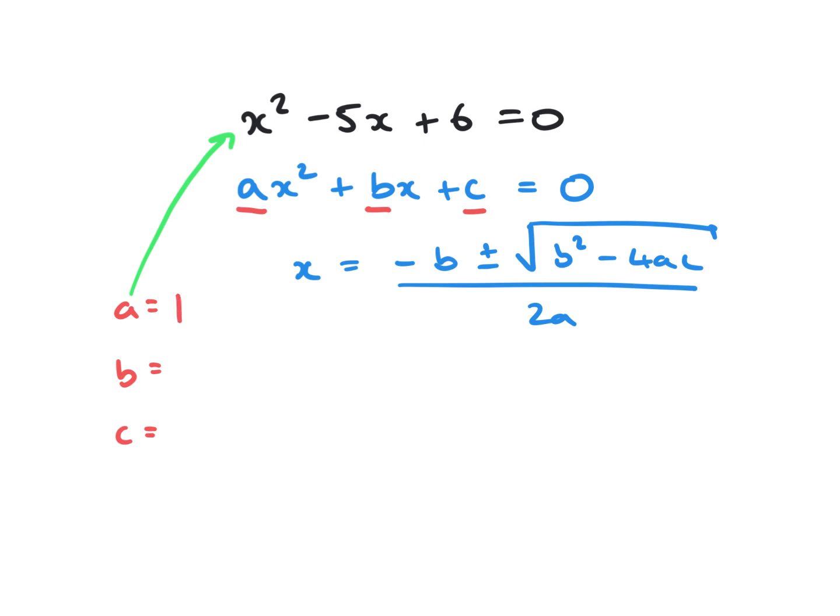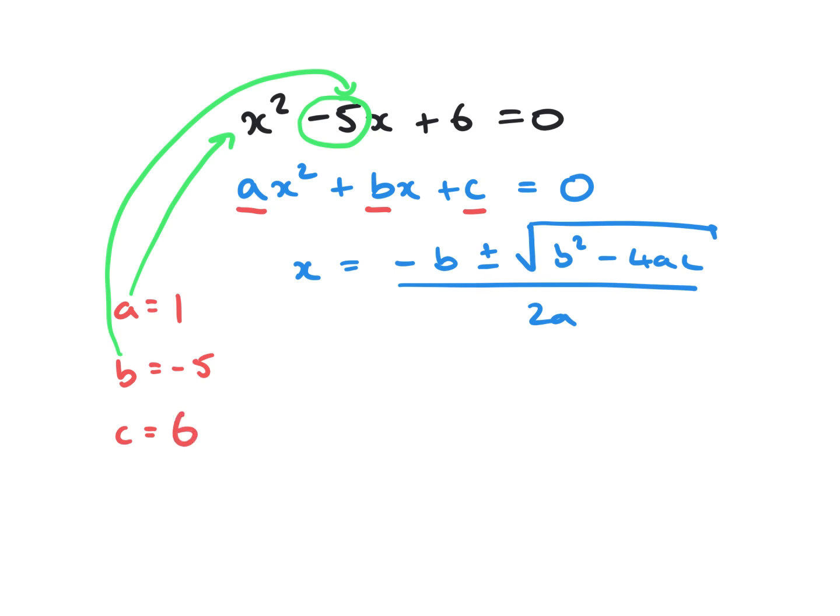B, what is the number that occurs directly in front of the x? We also need to make sure that we include the symbol in front of it. So if it's a plus, we don't actually include that one because it's already assumed. So b in this case is negative 5. And obviously, as you can imagine, c is that constant at the end. And we're going to keep the symbol, so it's plus 6. So we just write 6.